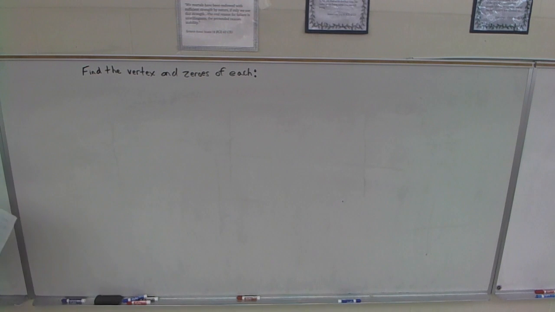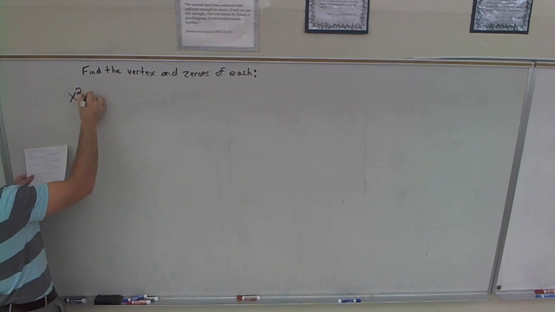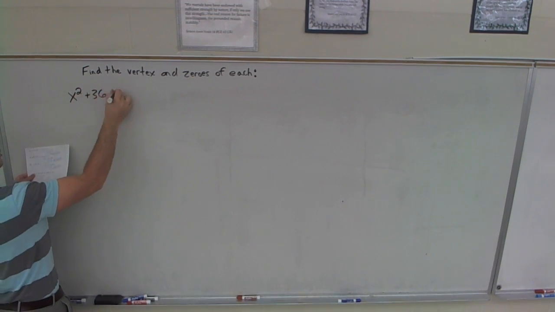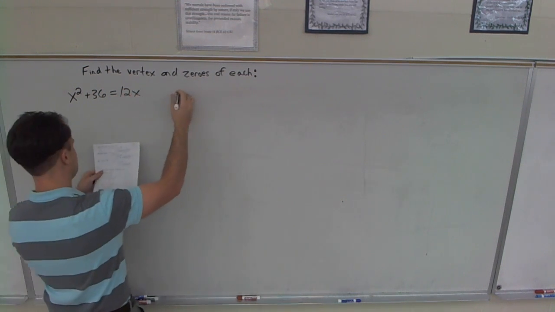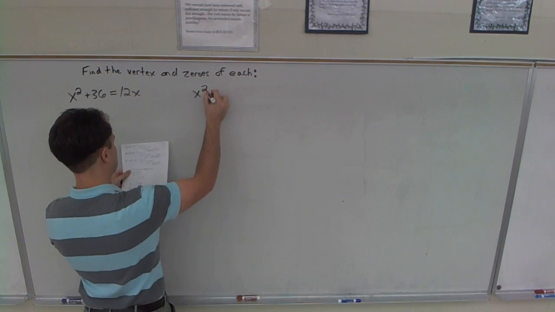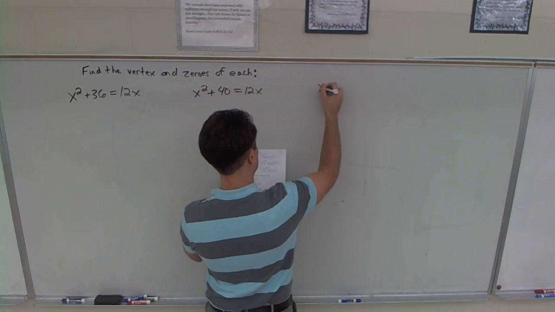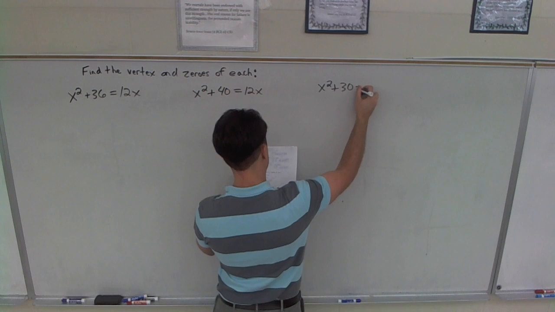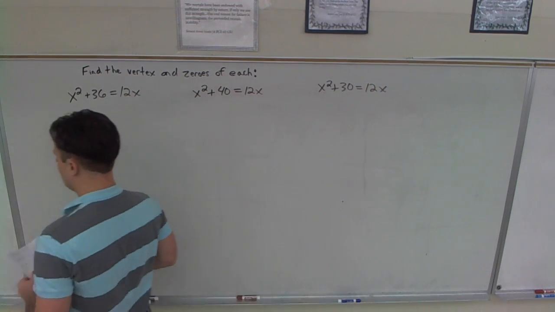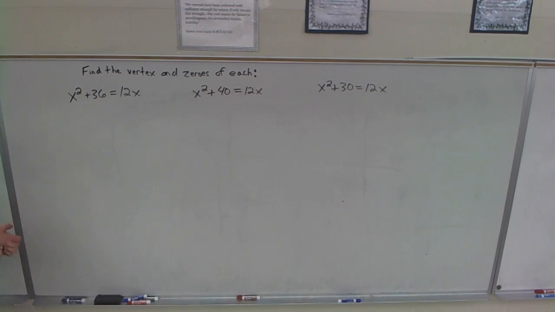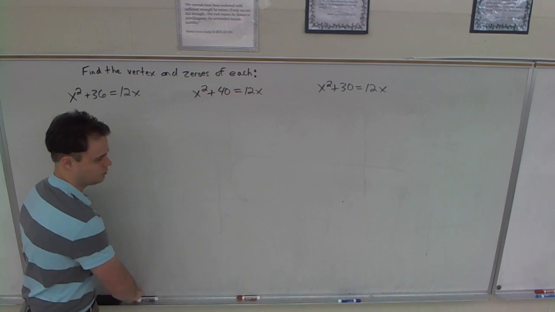So here's a few parabolas. Let's not actually find the zeros this time. Let's just say what kinds they are. So I'm not interested in doing the full quadratic formula.